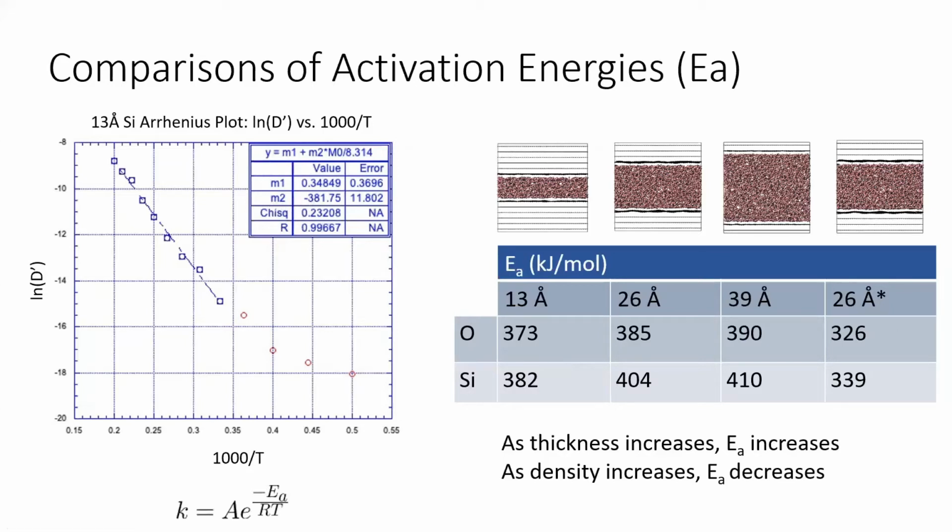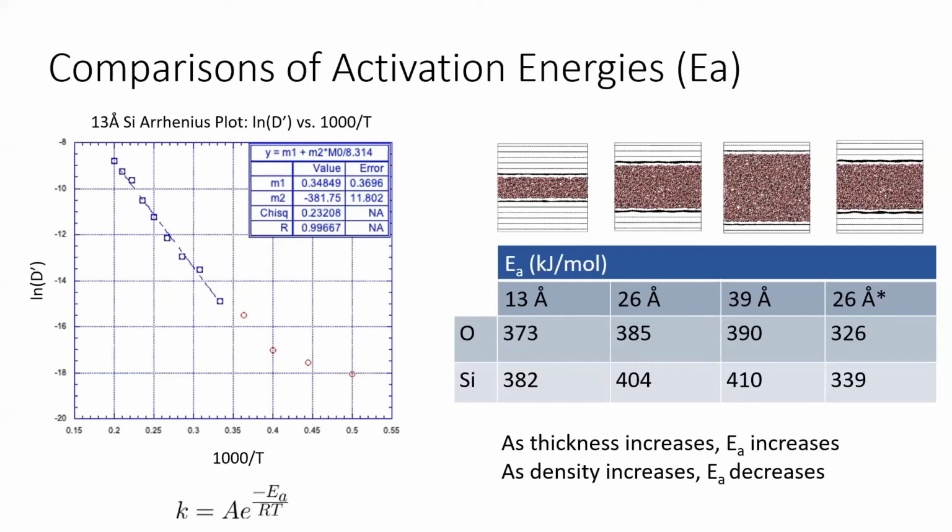So I do the same process for all of my models. I compiled all of the data in this table so that I can compare them. I will also mention that in the graphs that you see, for example, on the left, I didn't include certain points because for the calculation of activation energy, we see that there is a noticeable kink in the graph, which is due to a phase change from a solid to liquid as we're heating it.